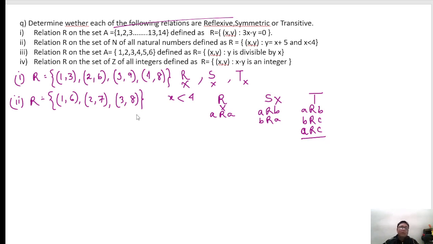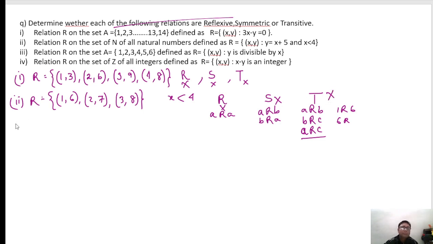So if you have 1 6, that means 1 related to 6, then you should have 6 related to something. 6 related to something, but there is nothing, so it is not transitive also.